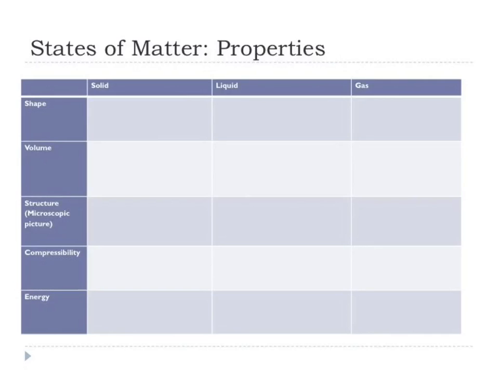Okay, so one of the big things is knowing at the particle level what is going on. And a lot of the words I'm going to use are short and to the point. Definite, indefinite. So if we think of a solid, the shape of a solid, is it definite or indefinite? Definite.